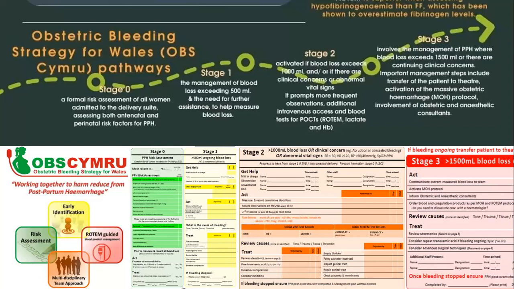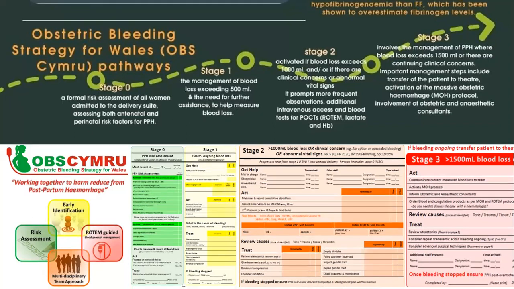Finally, the talk article talked about the Obstetric Bleeding Strategy for Wales, the same pathway that depended on the ROTEM before, which has made a beautiful 3 stages protocol for how to manage the postpartum hemorrhage.